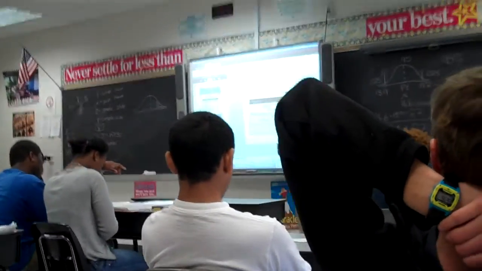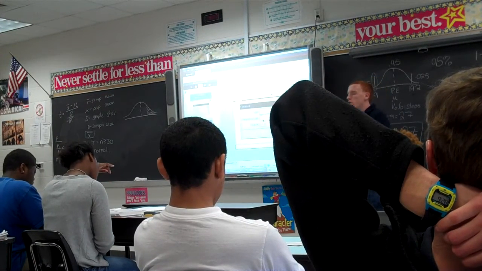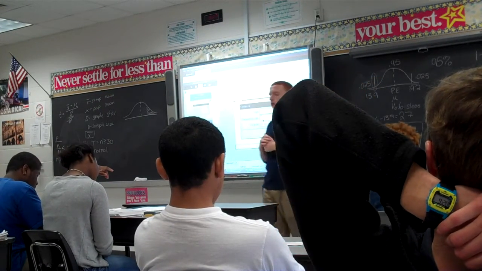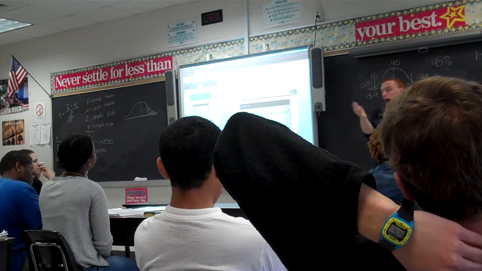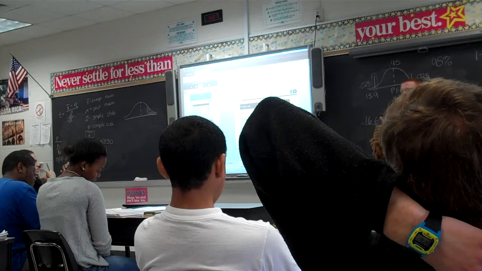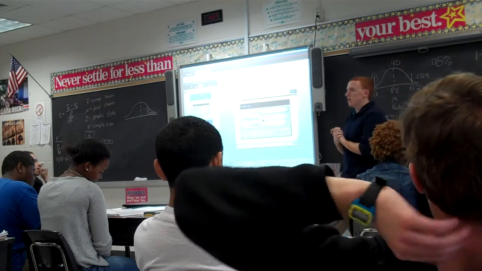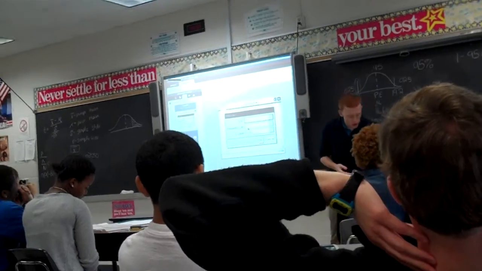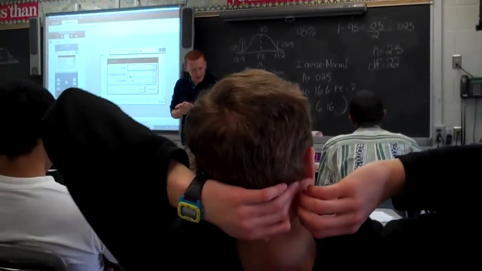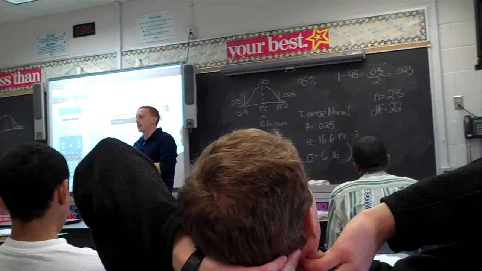Number 9. How can we know if our population is normal looking at that? Are there any outliers? How do you determine if there's an outlier? If one of the dots is outside the bounds? Okay. So, Adina, are there any dots outside the bounds in number 9?